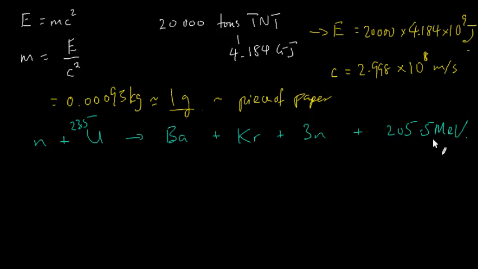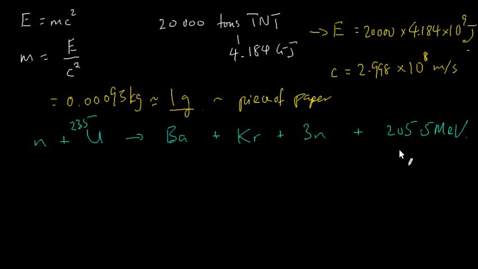So what we could do is this: if I divide this total energy by the energy from one atom, I would get the number of atoms that is fissioned. And then if I can find the mass of each atom, I can calculate the total mass. So that's the plan.